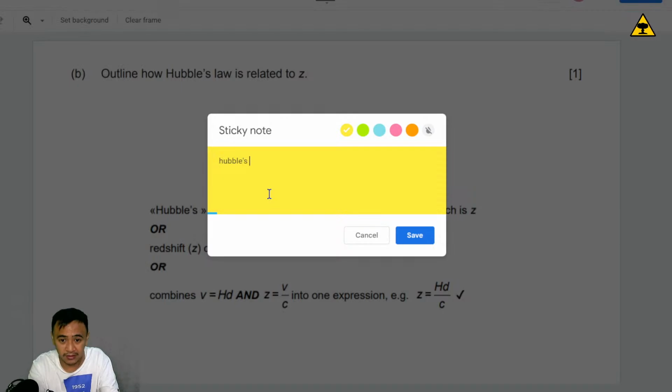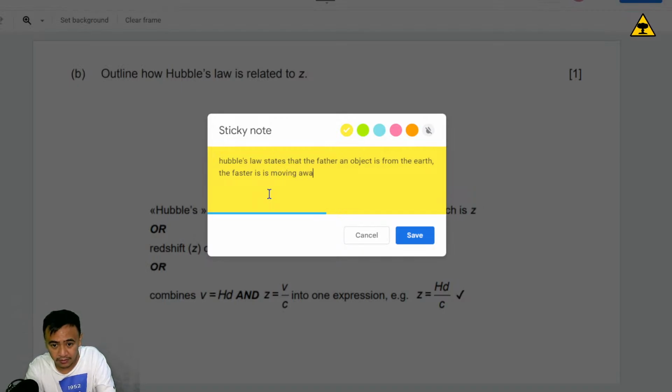Hubble's law states that the farther an object is from the Earth, the faster it is moving away from us.